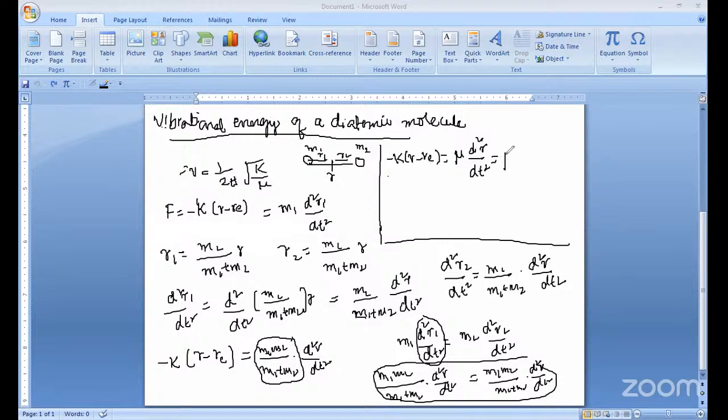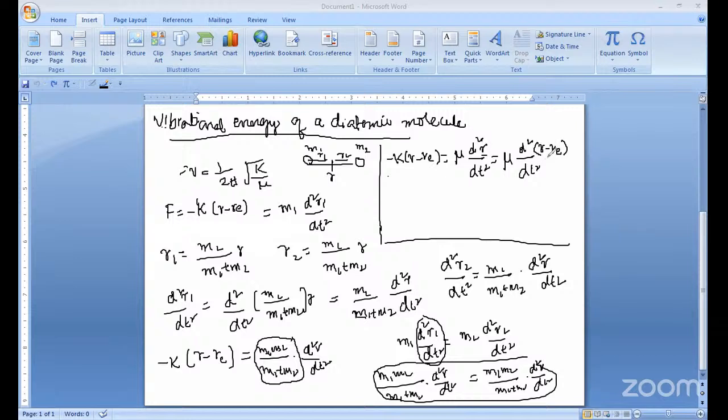In the case of this vibration, the distance R is given by R minus RE. The displacement we have is given by R minus RE, because the vibrating molecule has an effective displacement of R minus RE.